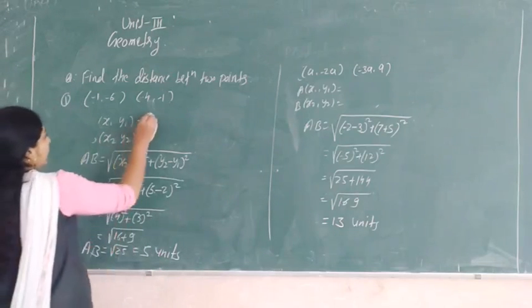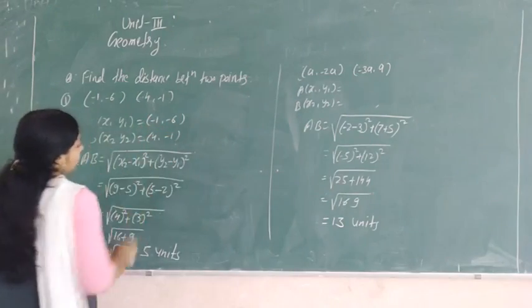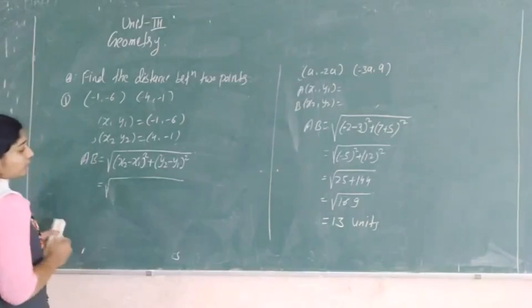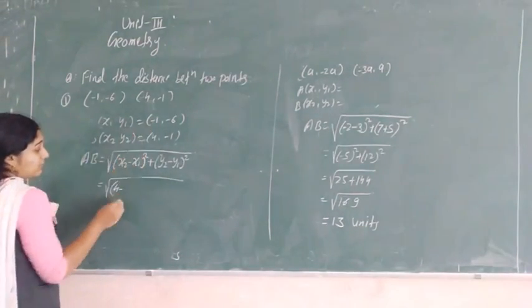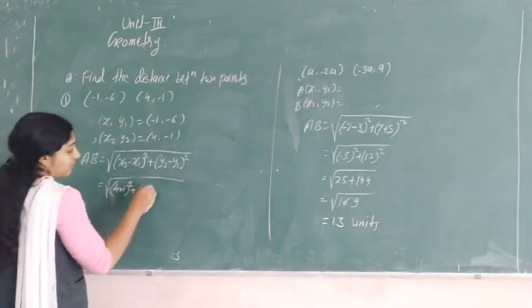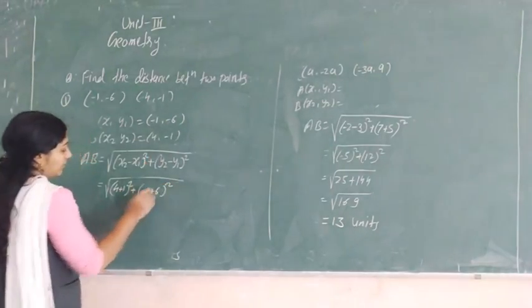For the first, again denote (x1, y1) as (minus 1, minus 6) and (4, minus 1). Write down the formula, substitute the values. x2 minus x1: x2 is 4, minus x1 which is minus 1, it is plus 1, plus y2 is minus 1 minus y1 which is minus 6, plus 6, whole square.